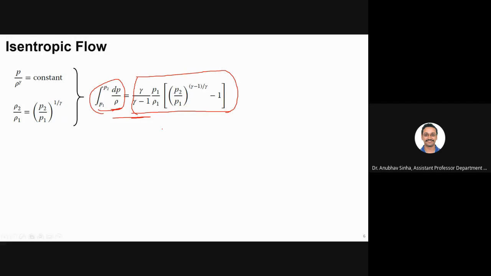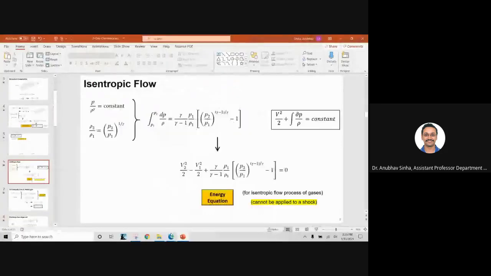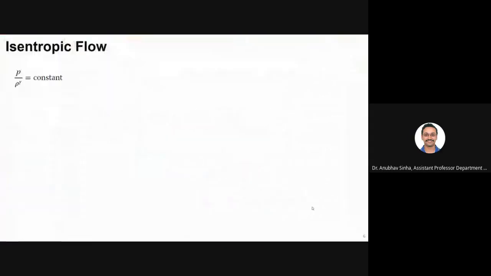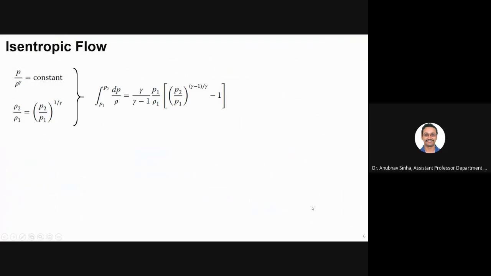The last equation is clear to everyone? Yes, sir. Okay, great. Basically, you are just integrating dp by rho. That's all.